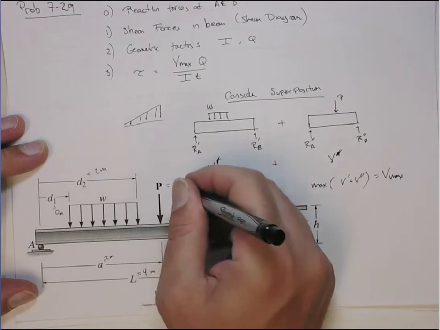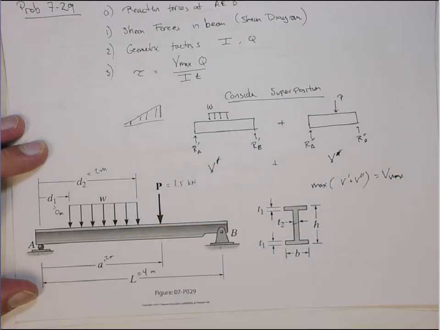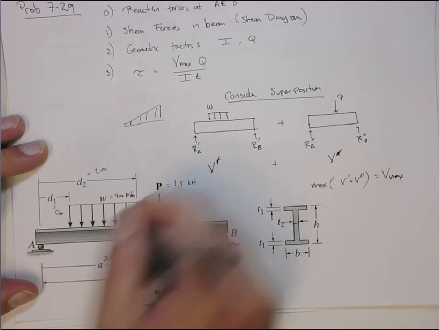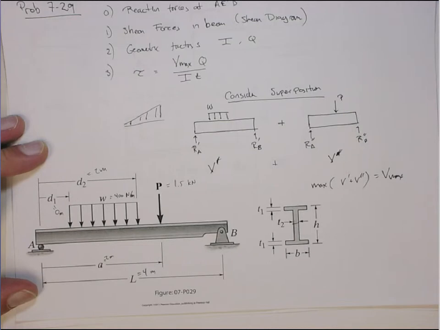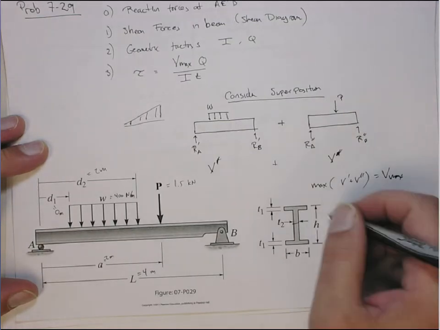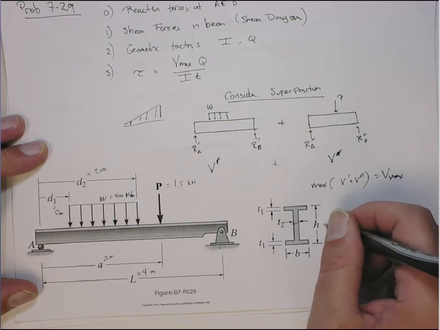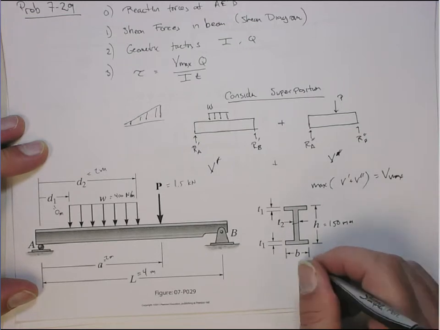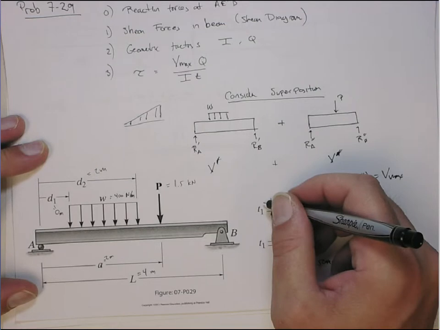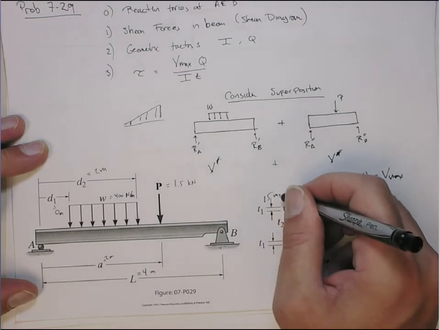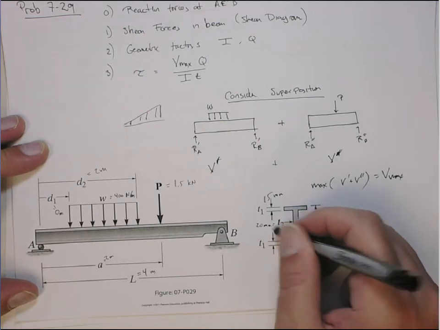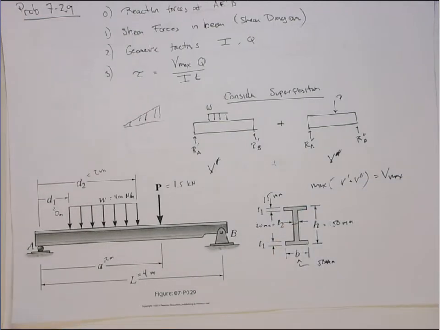P is going to equal 1.5 kilonewtons. W is 400 newtons per meter. And just the T's. H is 150 millimeters. B is 50 millimeters. T1 is 15 millimeters, and then T2 is 20 millimeters. Okay? So those are the values we're going to use.